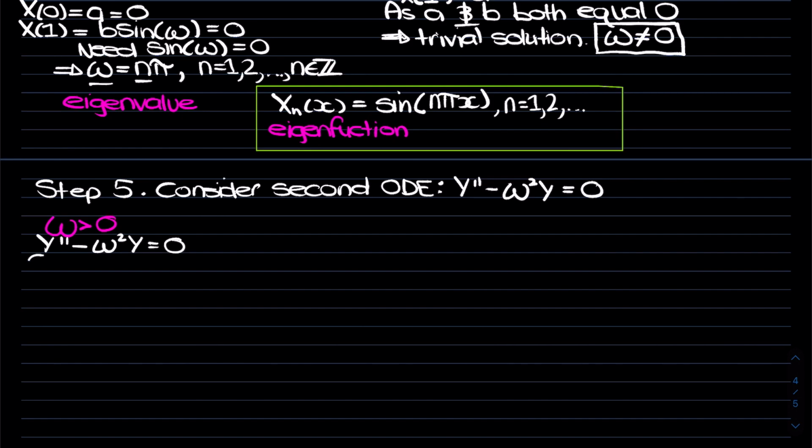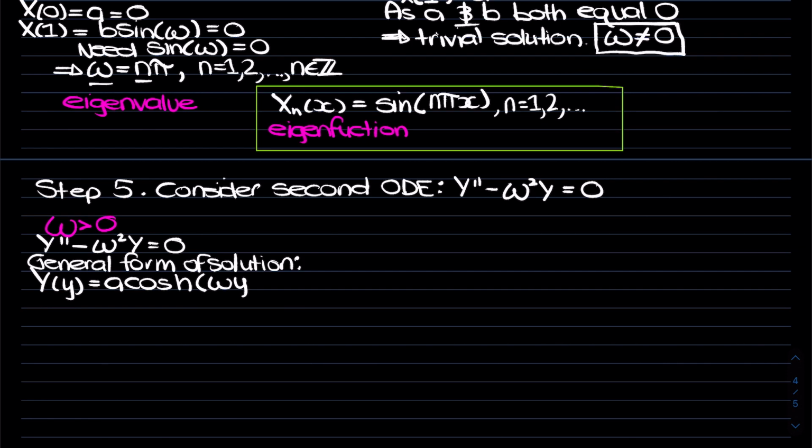So the general form of solution is big Y of little y equals a, some constant a, times the hyperbolic cosine function of lambda y, plus b times the hyperbolic sine function of lambda y.